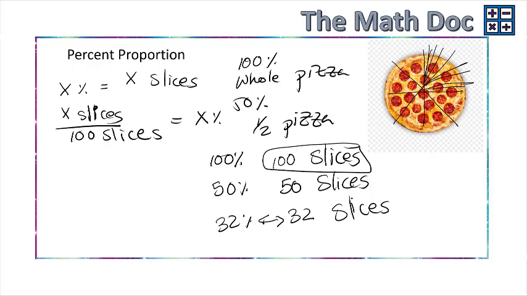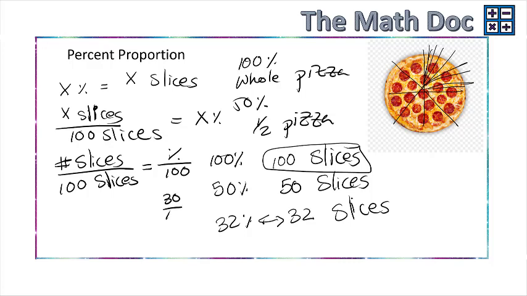Okay, how does that translate to a slightly more generic equation for this? Well, if we have number of slices that we took out of 100 slices, right, that would equal the percentage divided by 100. So if the percentage is 30, we have 30 over 100 equals the number of slices, which again, because each slice is just 100th of the pizza, is 30 out of 100.